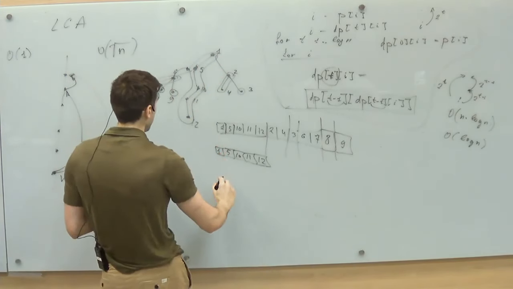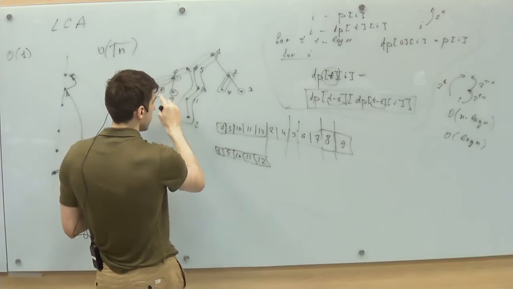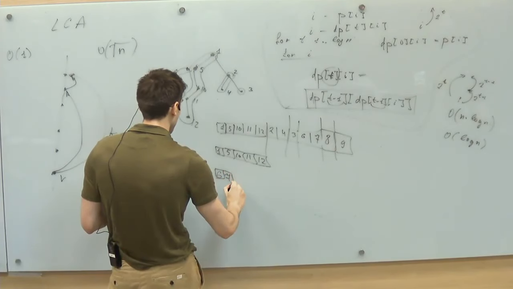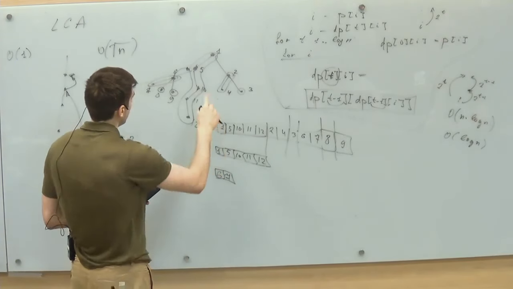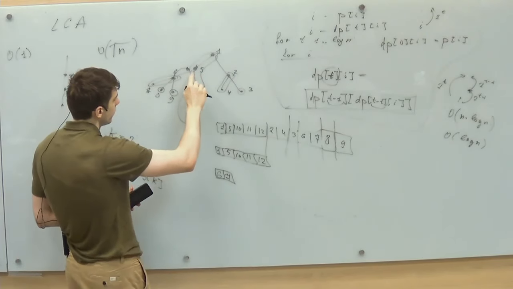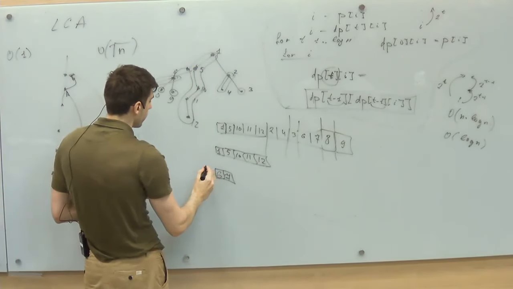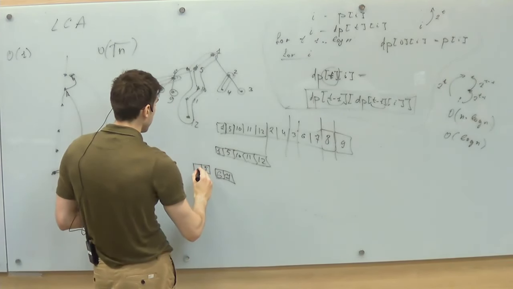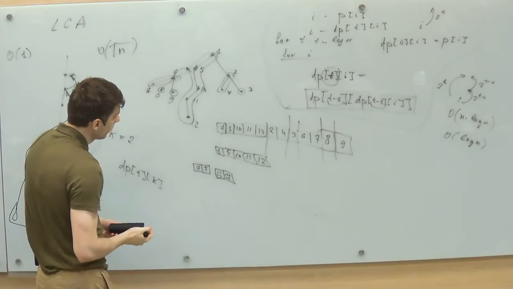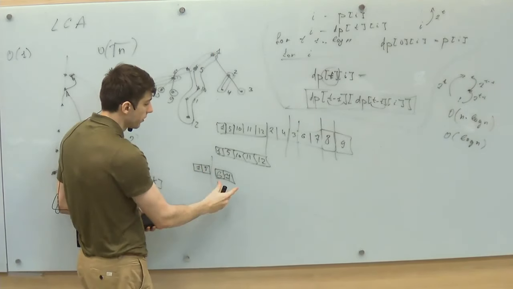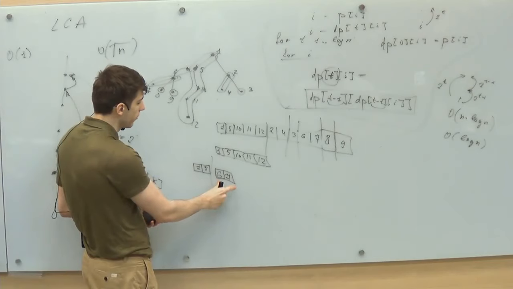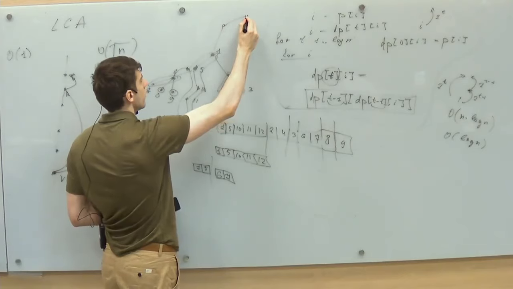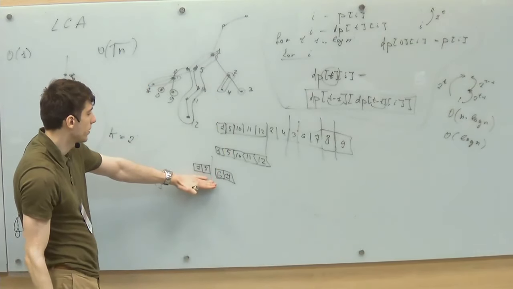So if we have the path 6, 7, we will continue it with the top vertices. So we will have here 5 and here the 1, but only for the size equal to the length of this path. For example, if we had here some more vertices, we will not include them in this path.